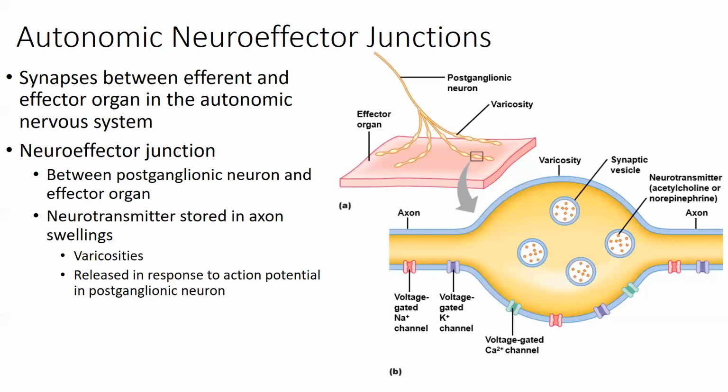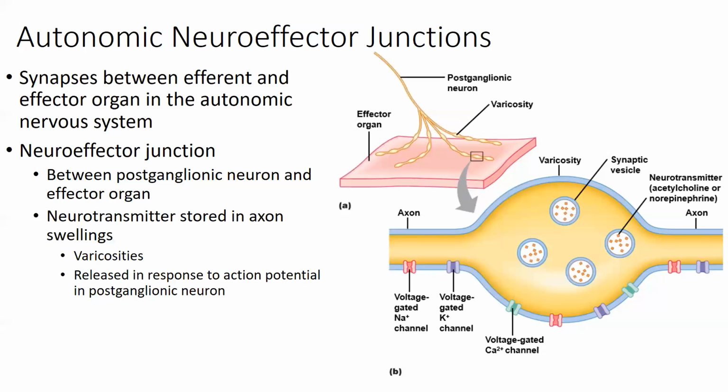Now, there's an action potential being propagated along the length of this axon. And when it gets to a varicosity, it's going to trigger some voltage-gated calcium channels in the membrane here to open up. And when these voltage-gated calcium channels open, calcium is going to rush into this varicosity.